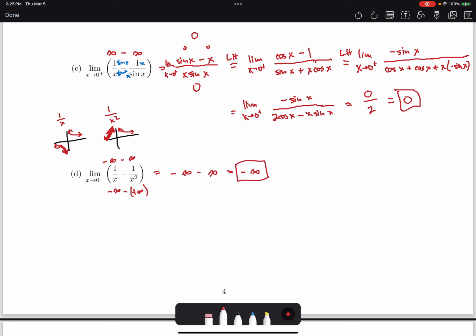That just means you're going down to infinity that much faster. Okay, so that's that. Once again, don't get carried away. Don't get carried away doing all of these crazy techniques if you don't need to, right? If the limit is just a straightforward limit, if it's not indeterminate, then you don't need to do anything crazy. Just plug in the value.